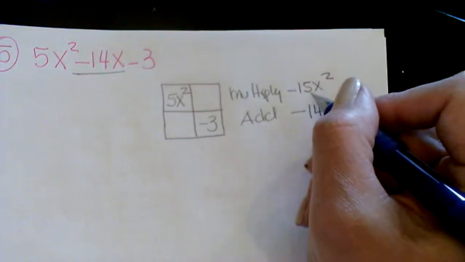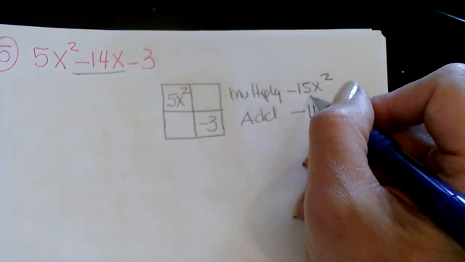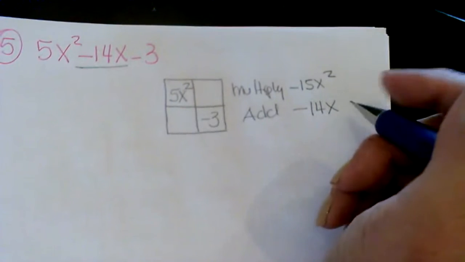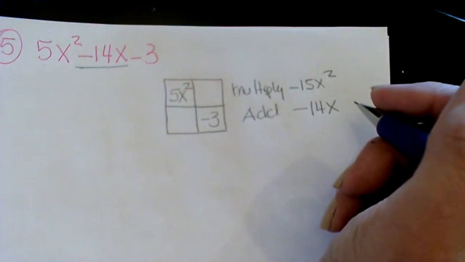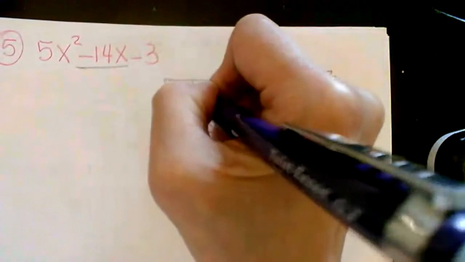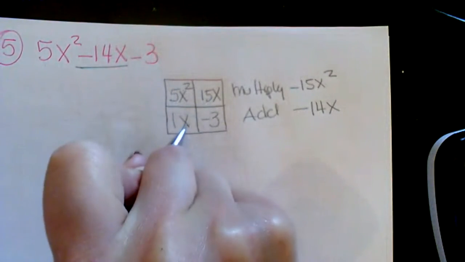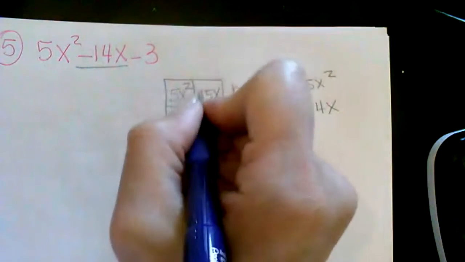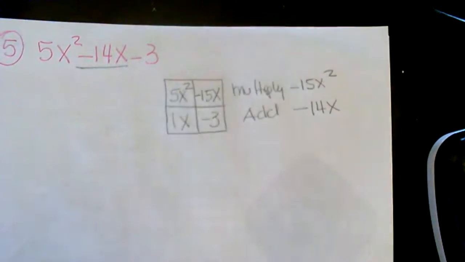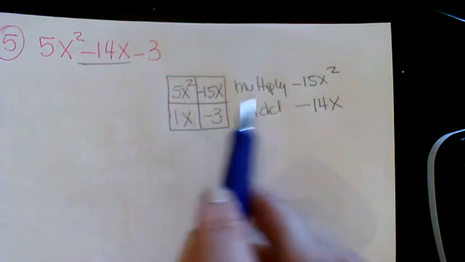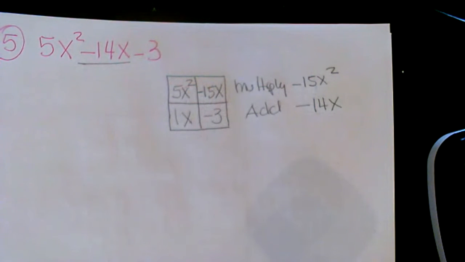Okay, so 15. To get 14 is going to be 15 times 1. All right? So again, if I add these two numbers, in order to get a negative 14, the negative 15 needs to be negative 15. When I multiply it, I get negative 15x squared.